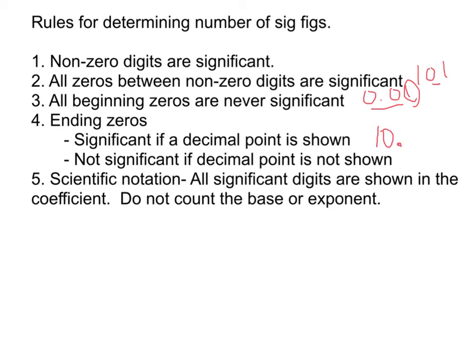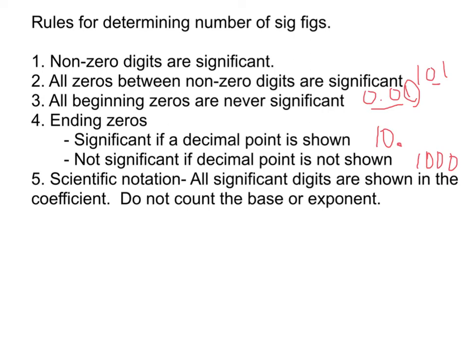That 0, you deliberately do that, telling someone the 0 is my estimated digit. If it's written without the decimal point shown, like let's say 1,000, none of those 3 zeros are significant. So you deliberately show the decimal point if you want those ending zeros to be significant. You don't show the decimal point if they're not significant.